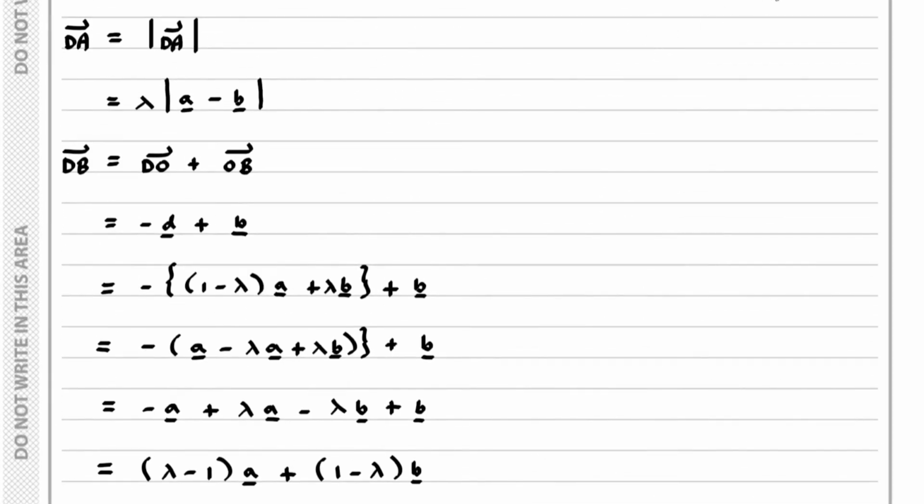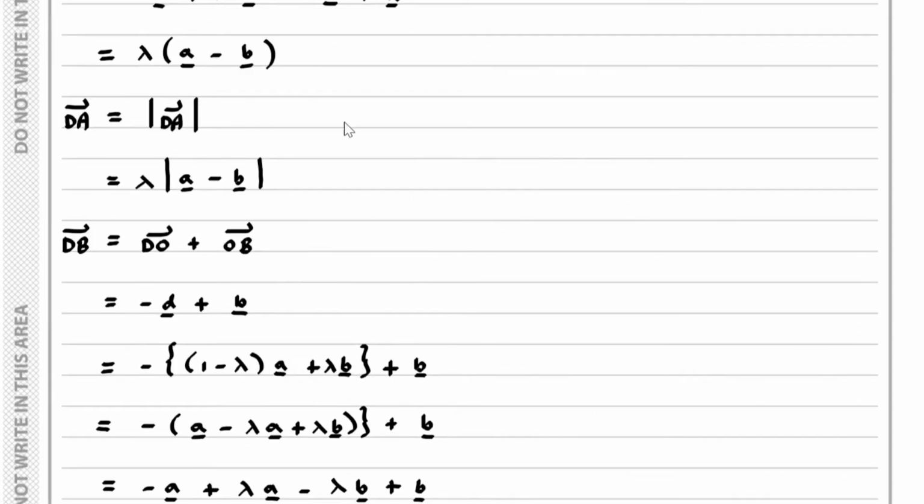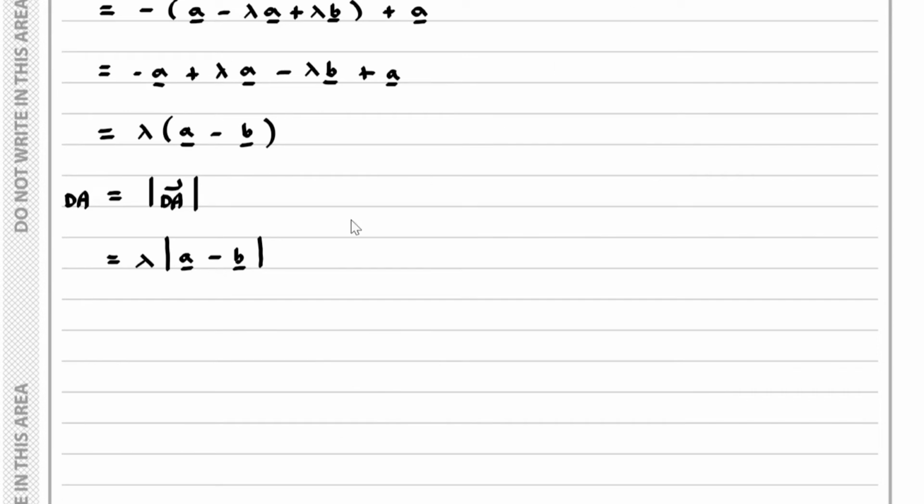So let's focus on dA first. That's equal to a over a plus b, and I'm timesing that by a minus b.